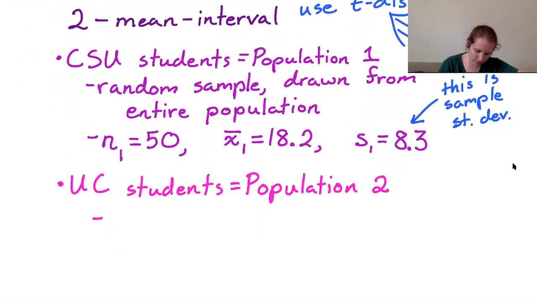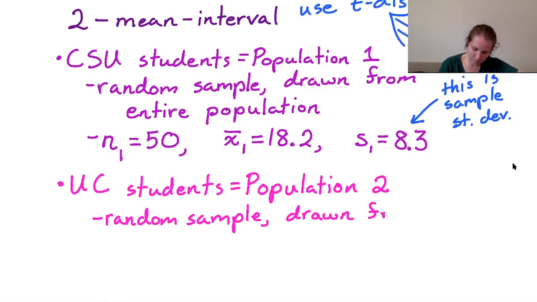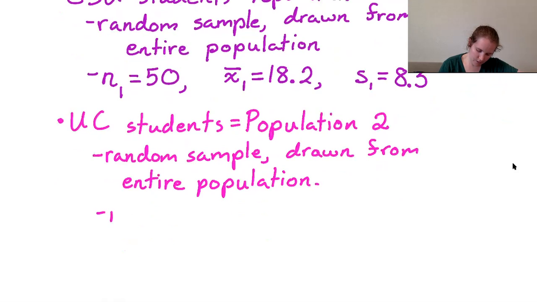This sample was also random and drawn from the whole population. If I remember correctly, the sample size of our UC students was 40.